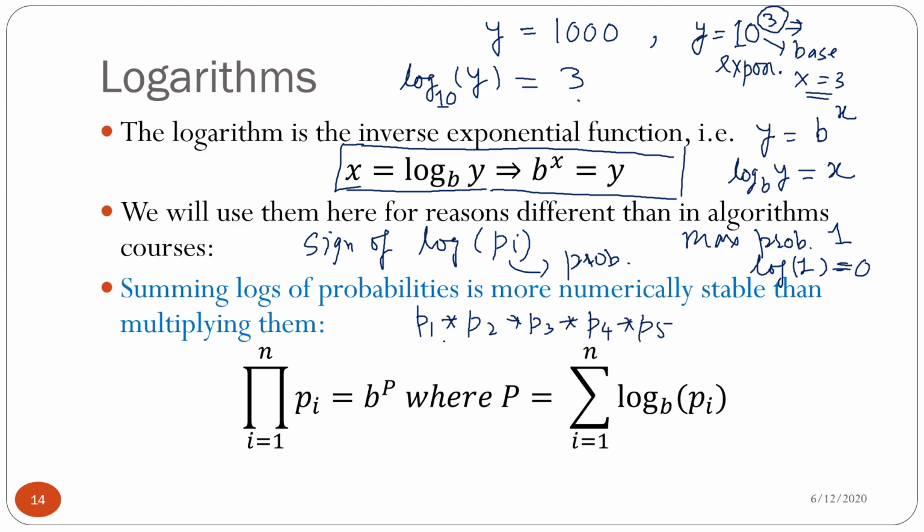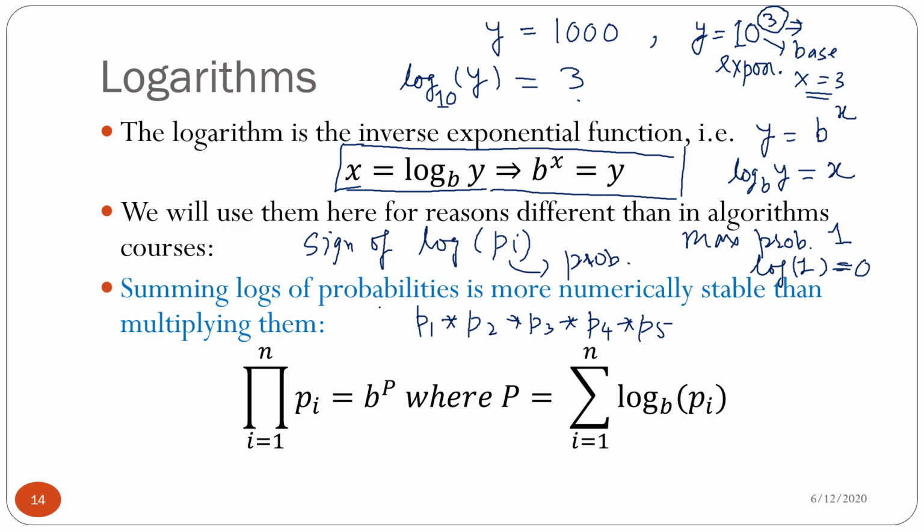All these pi's would be less than or equal to 1, since probability cannot be more than 1. So this multiplication of probabilities tends to decrease. When you multiply a lot of probability values, the value becomes so small that it gets very difficult to represent on a computer. That's the problem.